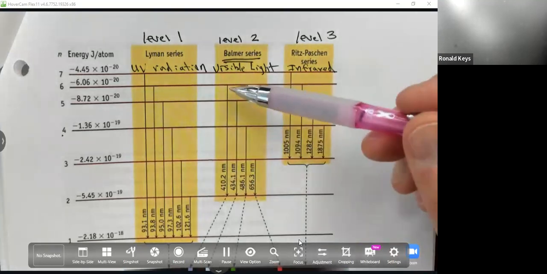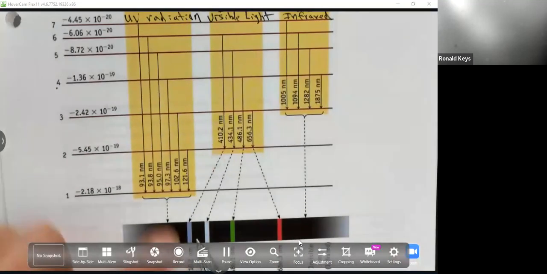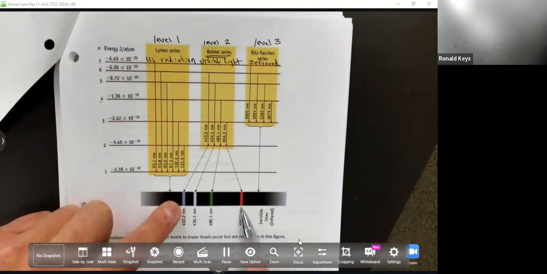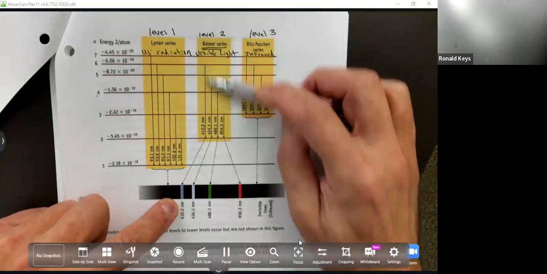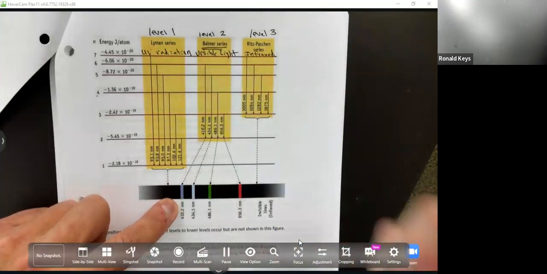Now notice the colors. Let me zoom this out. This is violet, correct? Which one has more energy, violet or red light? Violet, right? It goes in the order of the rainbow. Violet light has more energy. Notice it drops farther down, correct? It's no different than when you throw a ball up, it comes back down.